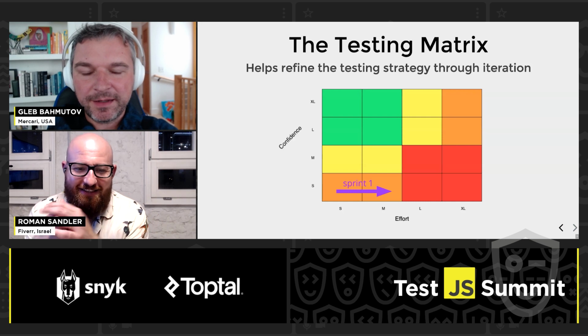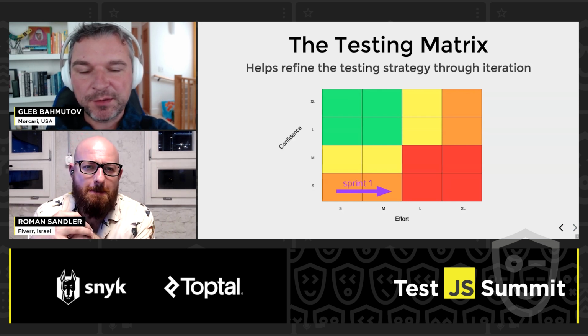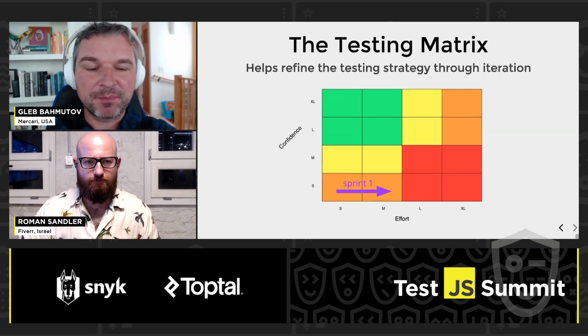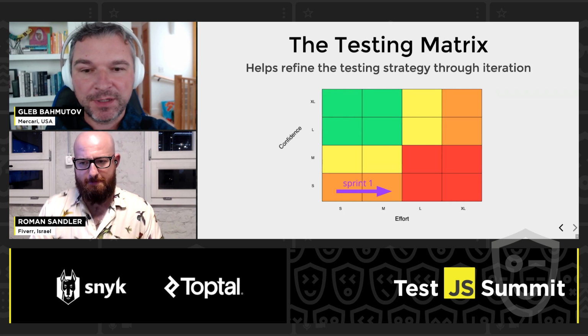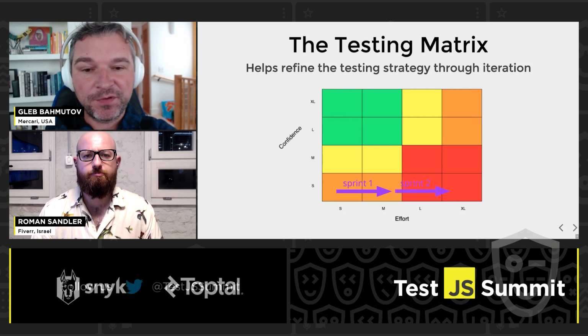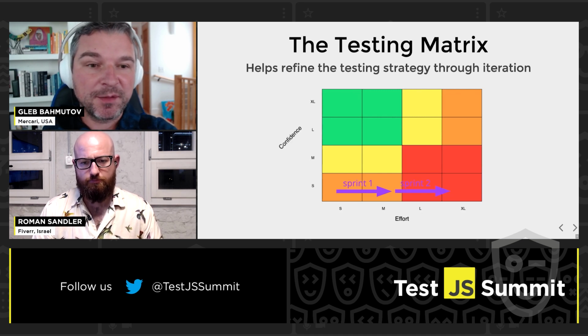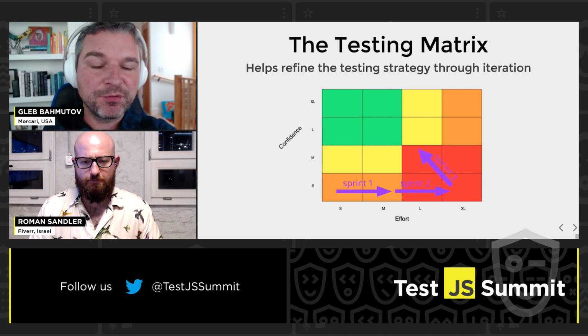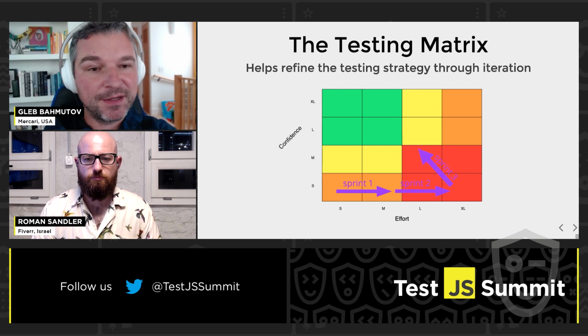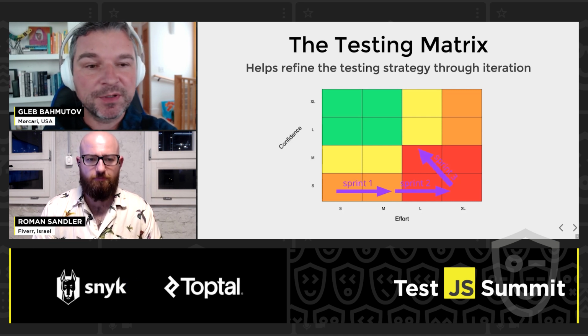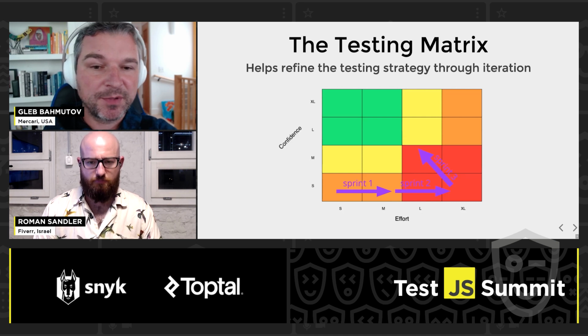Yeah. And let me just quickly walk you through this, right? So first sprint, you might have just manual testing, and it's fine. As you develop more features, manual tests probably require a lot of effort, and you still can miss a lot of things. So maybe you bring some automation, just to decrease the amount of effort and buy some confidence.